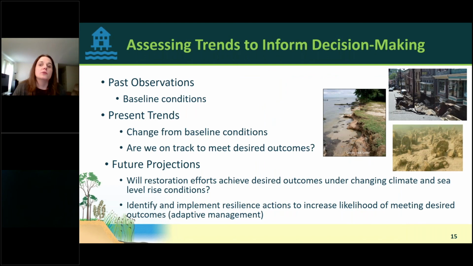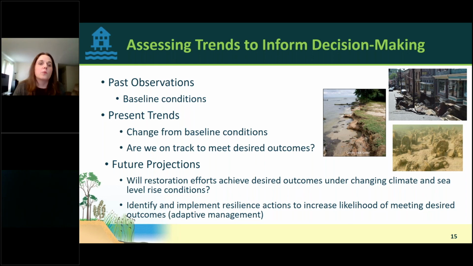So now, using these projections, we want to assess trends to help inform our decision making. And trends incorporate different time scales, so we need to know information about the past. We have data from past observations to establish what our baseline conditions are.